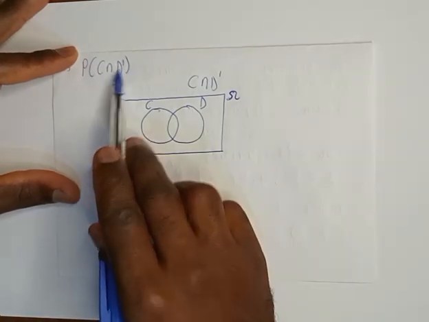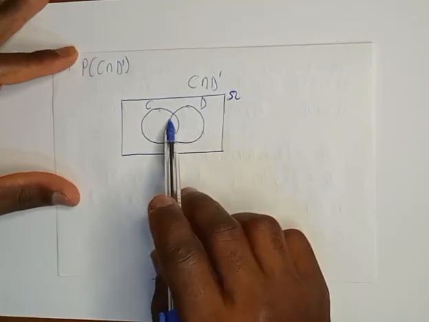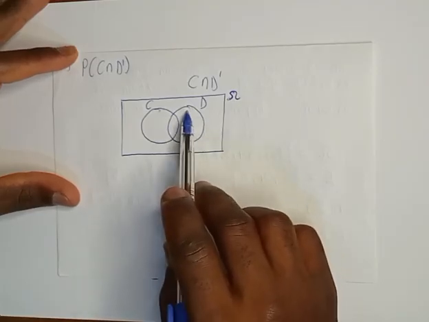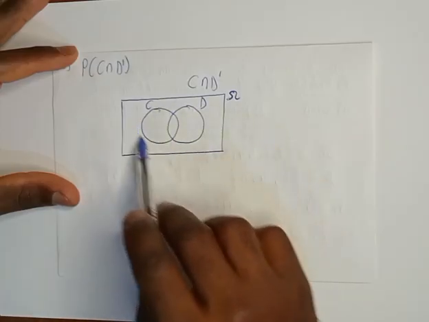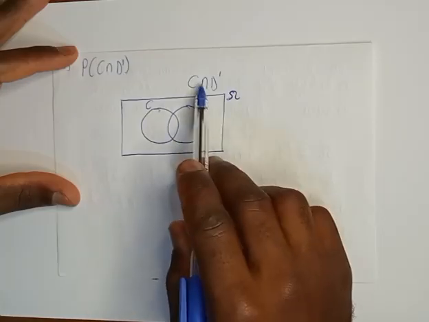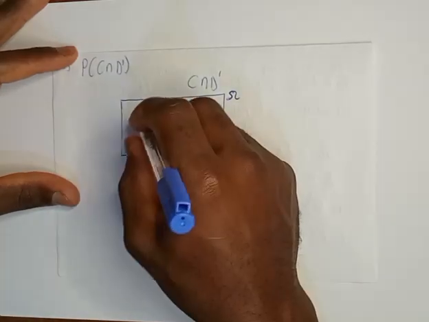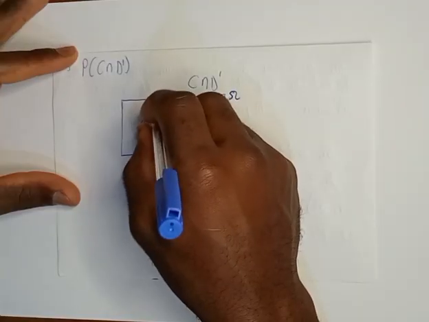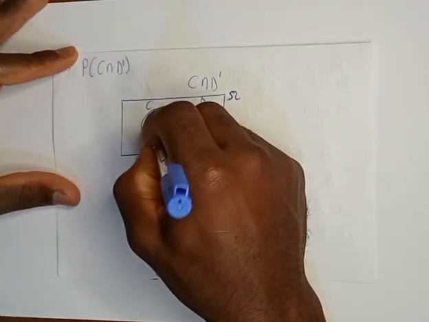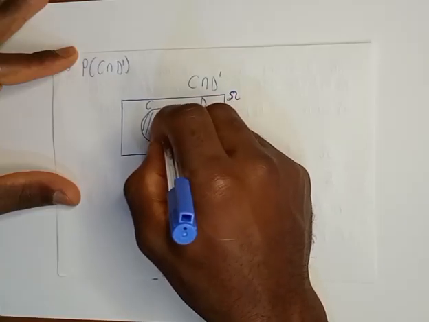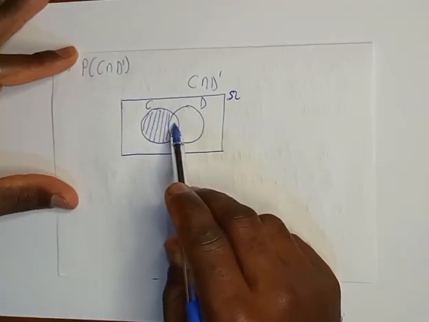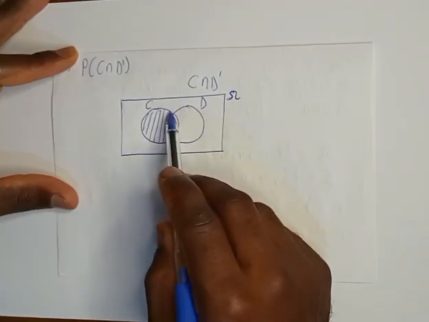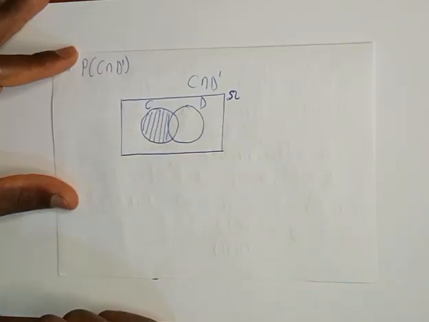C intersection D prime. For D prime, that means elements which are not elements of D. You see that we have to shade this and the outer portion. Intersection C, you see that they intersect just here, which is in C minus C intersection D. So you just take C, then you remove this intersection.